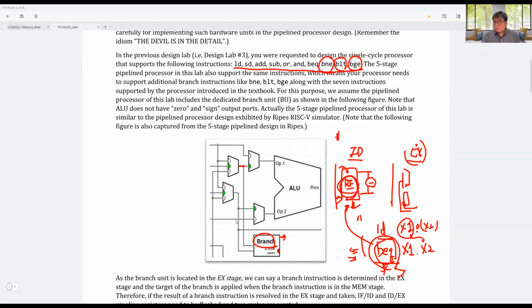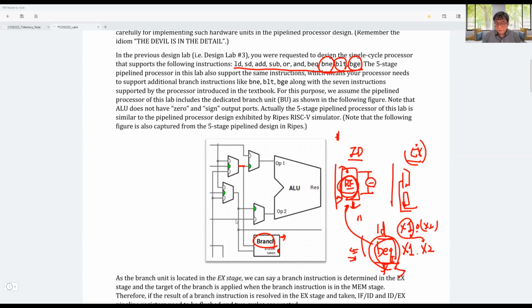That means the branch unit is behind the forwarding path, so the branch unit can receive the forwarded data from the former instructions. I think this design is better than the design of the textbook.